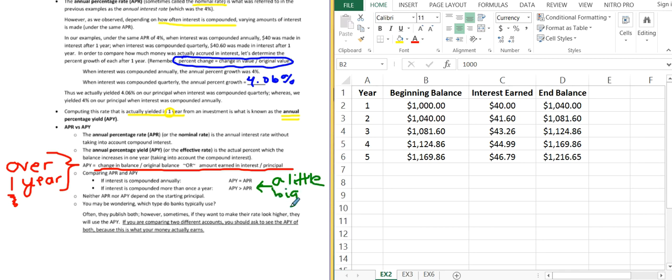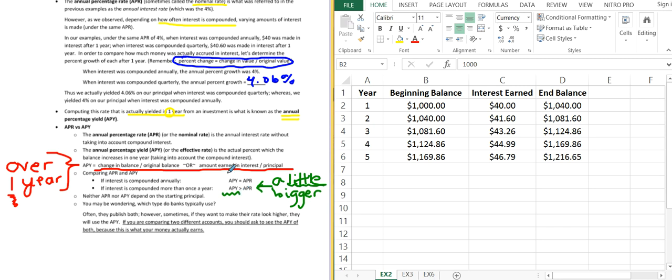So we just did an APY that was 4.06% as opposed to 4%. That's reasonable for an APY. What we don't want to ever get is 40.6% when the APR was only 4%. It should be decimal values bigger, just a little bigger than the APR, not much, just a little bit.